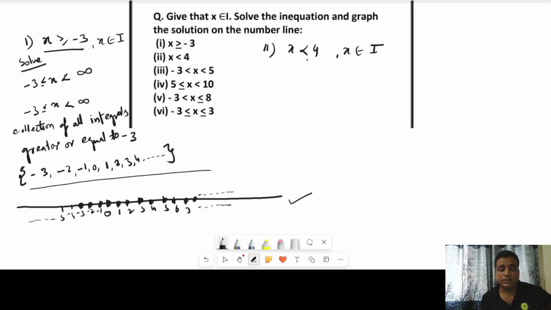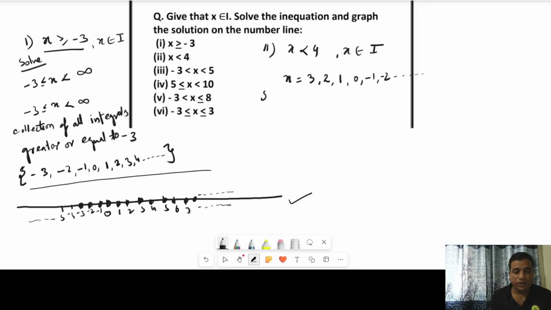So the largest integer which is less than 4 is 3, then 2, 1, 0, minus 1, minus 2, and so on. It is the solution of this inequality.